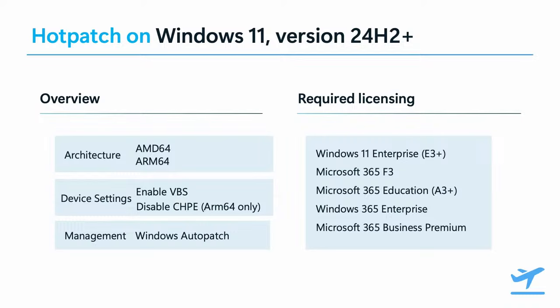With licensing, you must have either Windows 11 Enterprise licenses, E3+, a Microsoft 365 F3, a Microsoft 365 Education, A3 or A5, a Windows 365 Enterprise, or a Microsoft 365 Business Premium license. Let's go one by one into some of these core prerequisites.